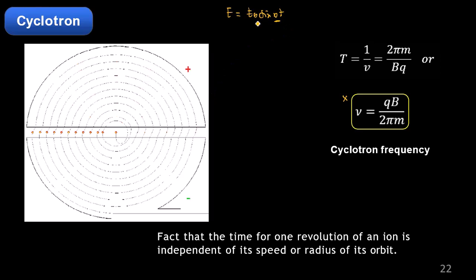Only then, whenever the particle comes to one D, at that instant the reverse polarity takes place so that the particle crosses over. This can be ensured only because the time period, or frequency, is independent of velocity. In the earlier segment I understood that the time period is not dependent on velocity. If it were dependent, it would be quite difficult to operate the circuit. So the angular frequency of the source must balance with the frequency of oscillation of the charged particle.